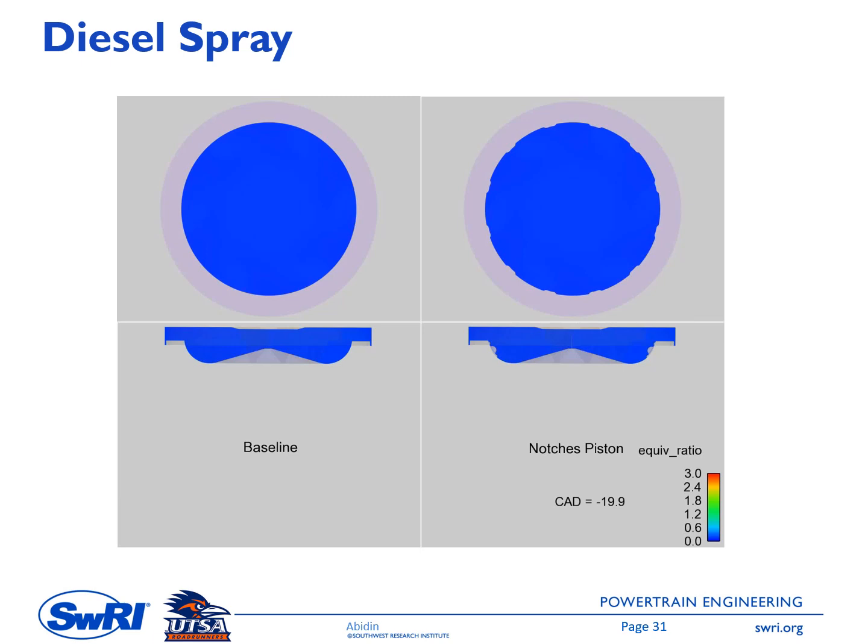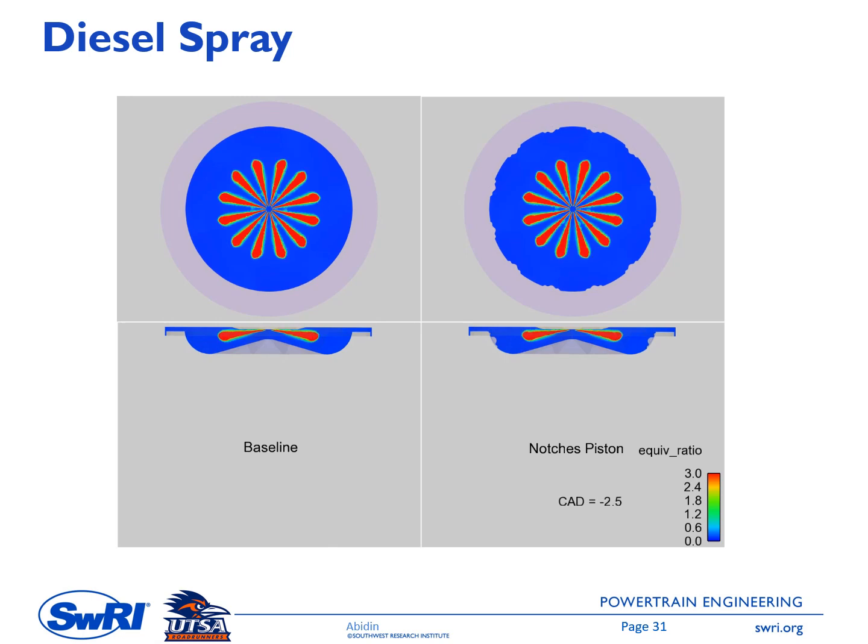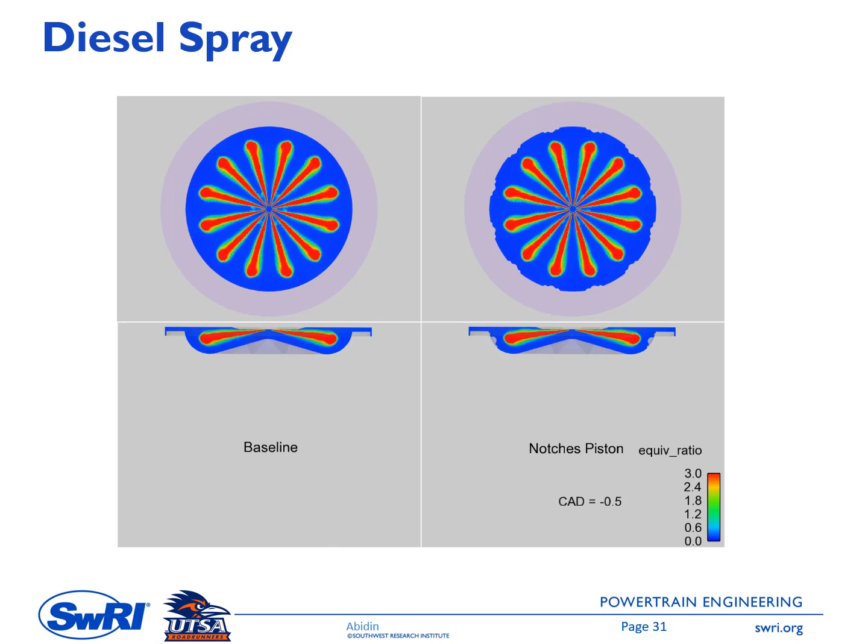I think you have learned this term in Thermo 2, equivalence ratio. This is the ratio of the stoichiometric air-fuel ratio to the actual air-fuel ratio. And see here the piston moves up toward the center, and then there will be a combustion process. You can see there, I think it has around 12 sprays here.